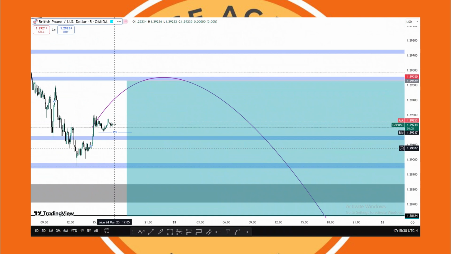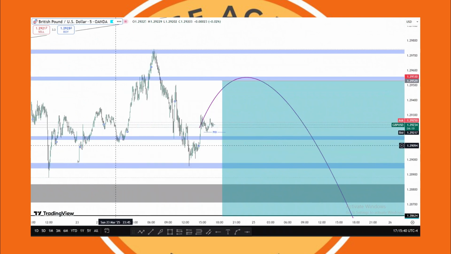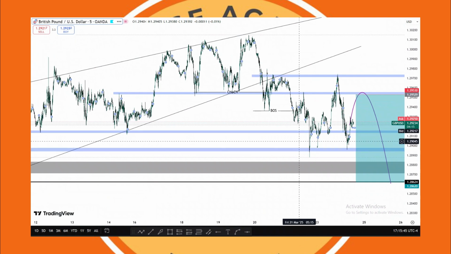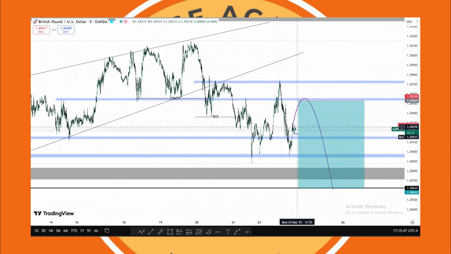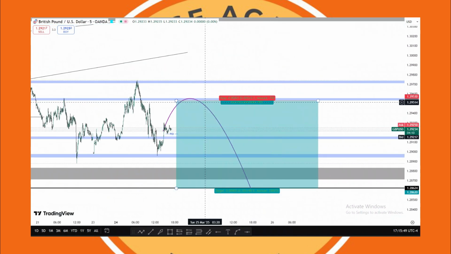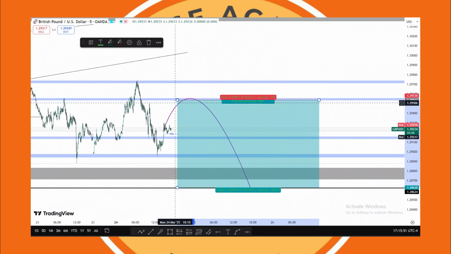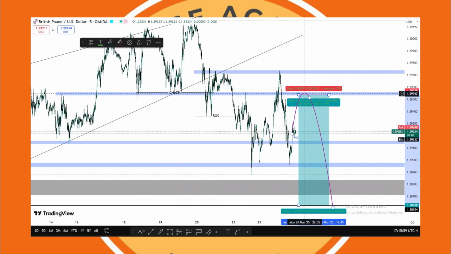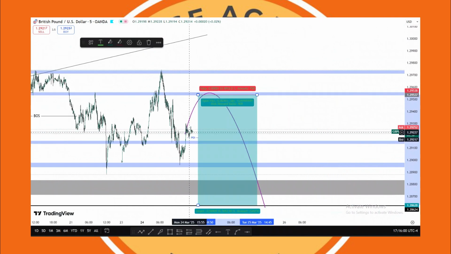Just going to have to wait for that break of structure, and then this is how I trade such markets. Or if it pushes up, I'm going to have to wait for it to come here. If it does not, it reverses anyway there, it's fine. I lost the entry, I'm not going to force it. These are my two options.